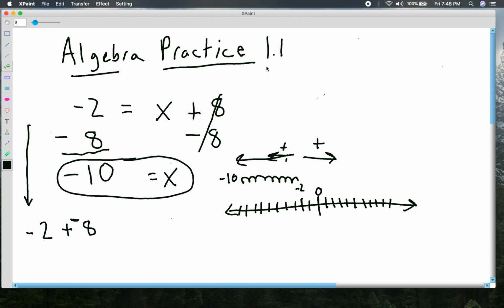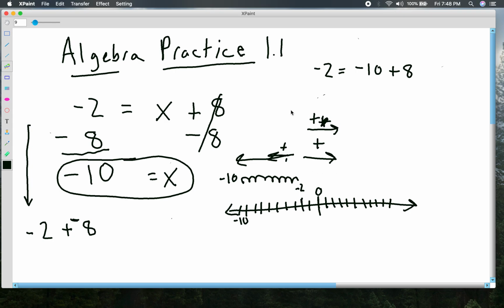But don't take my word for it. Let's check our work over here. Negative 2 equals, let's do negative 10 plus 8. Okay. Negative 10, let's say I'm down here at negative 10. Adding anything is always taking us this direction on the number line. Sorry about that.